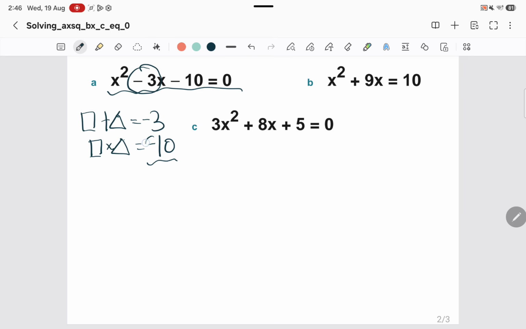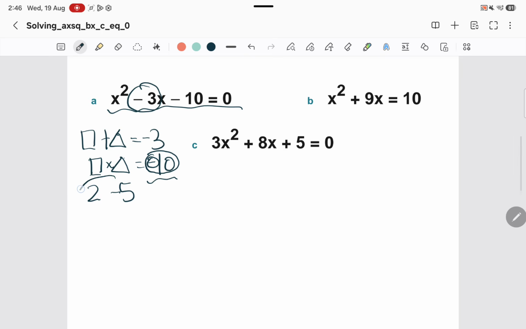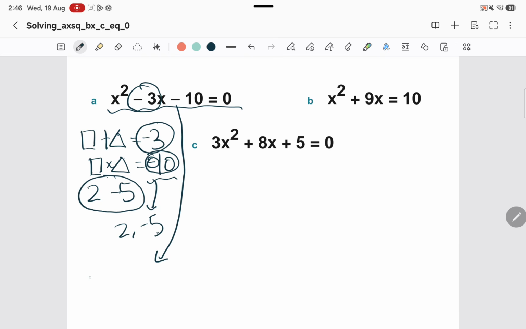Since this is a negative number, the negative should go to one of them. In this case, the negative should go to 5, because then this pair of numbers adds up to -3. So I found the pair of numbers 2 and -5, and now you can factorize this.